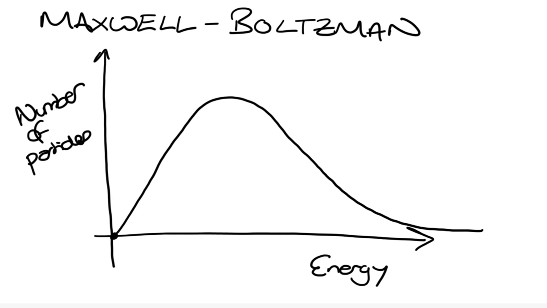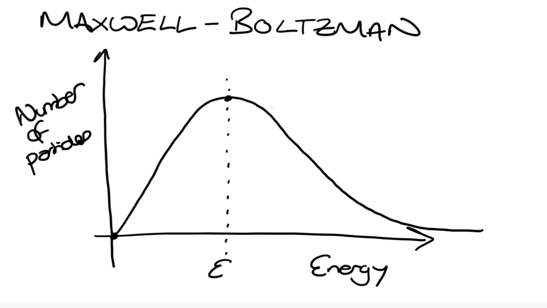It goes up to a maximum point here, which demonstrates the most probable kinetic energy that a particle is likely to have in a sample. This is suggesting that if you have a bulk body of particles, then this is the most likely energy that you will experience of that number of particles.